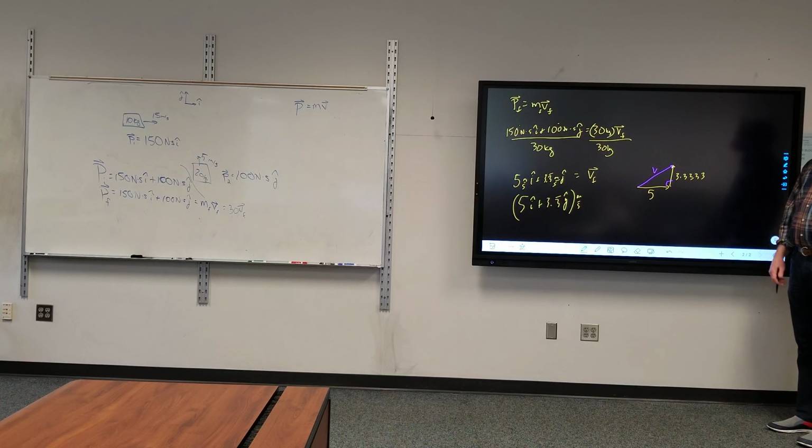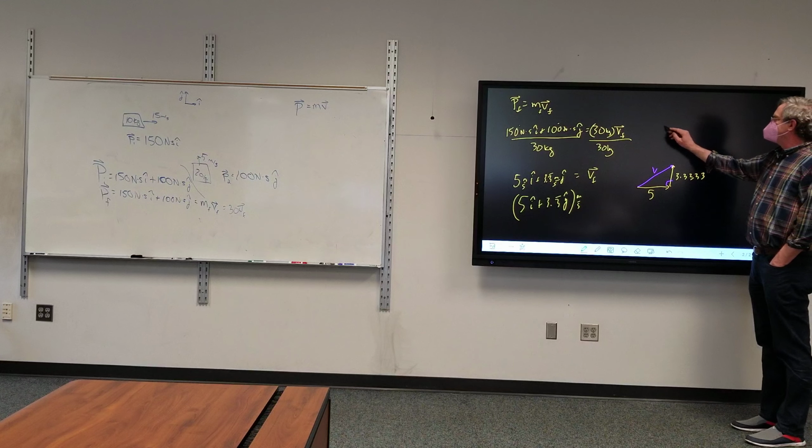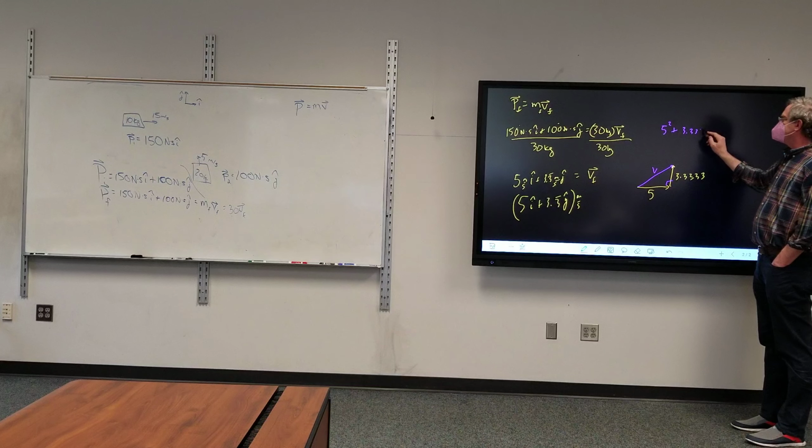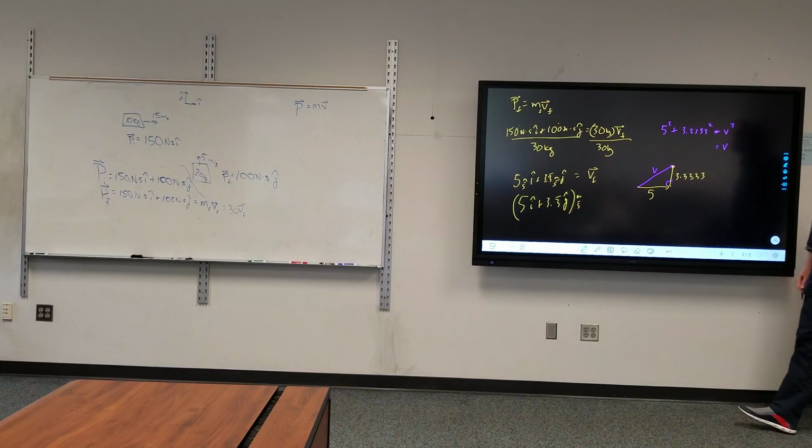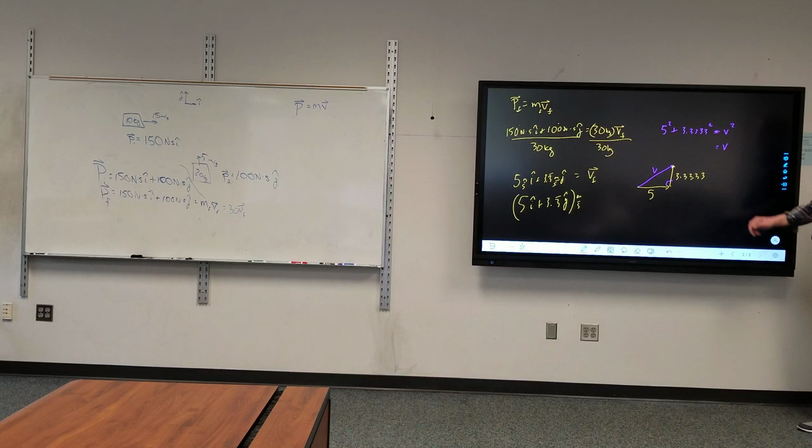How do I solve for it? Pythagorean. So 5 squared plus 3.3 squared is equal to v squared. And whatever that happens to be. Somewhere around 6, I think.